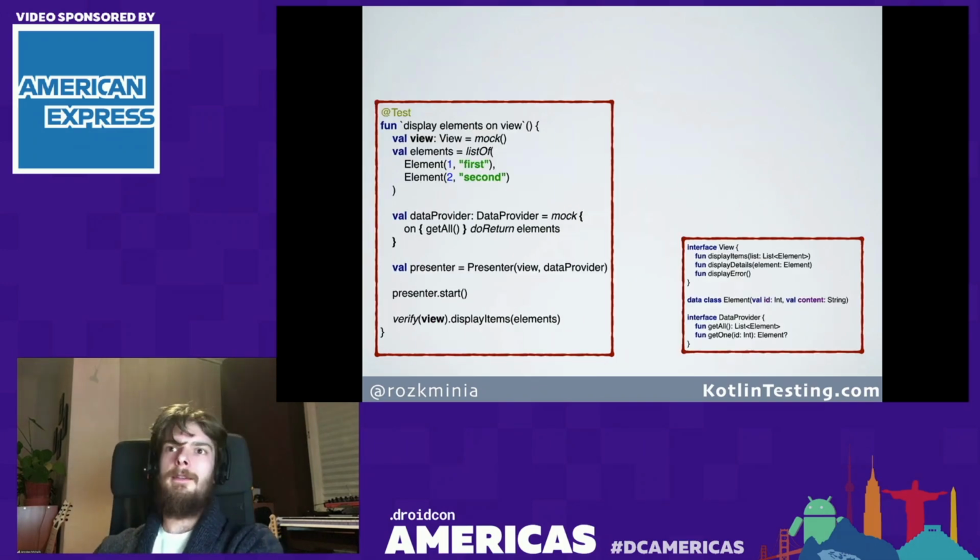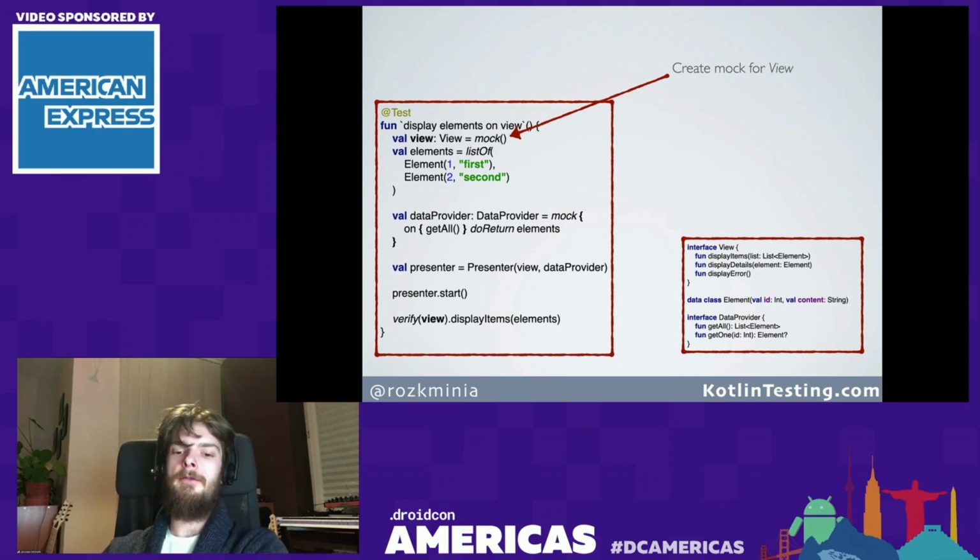So let's just jump straight into the first test case. We want to verify that if the data provider returns a non-empty list of elements, all items are displayed on the view. So first, we create a mock for the view, then create a mock for the data provider.